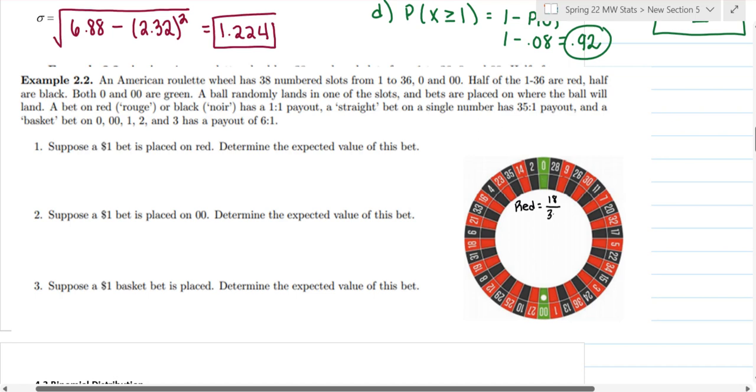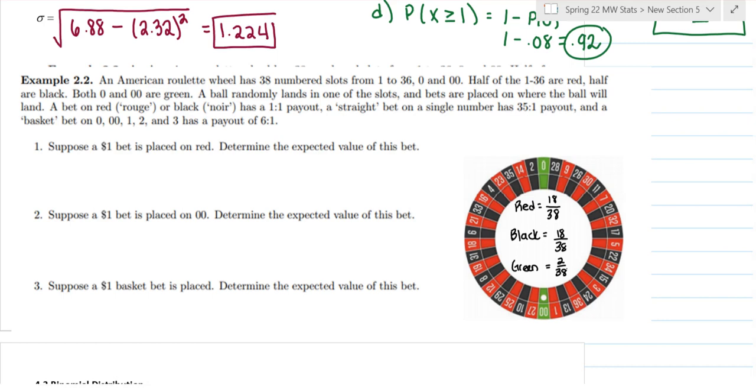So 18 out of 38 are red. 18 out of 38 are black. And 2 are green. Okay, so 38 slots on the roulette wheel. All right, just so we have that, because we're going to need those for the questions.